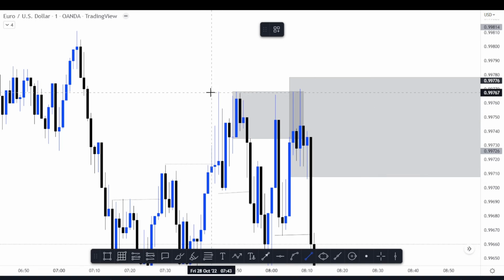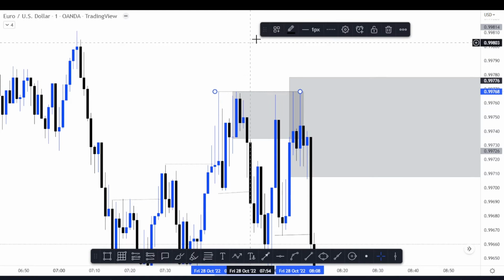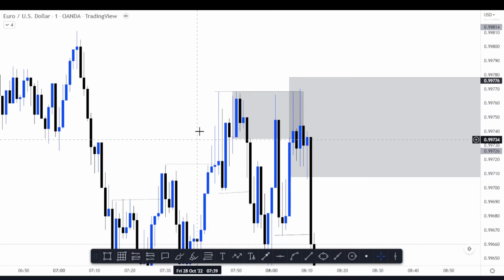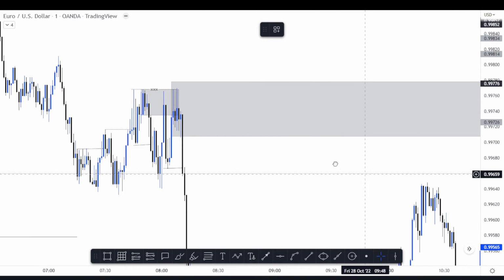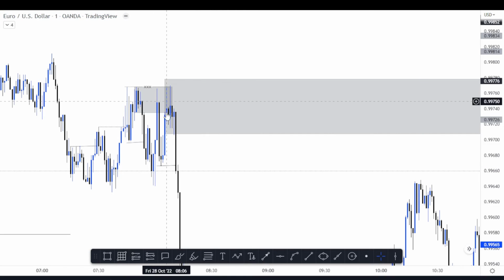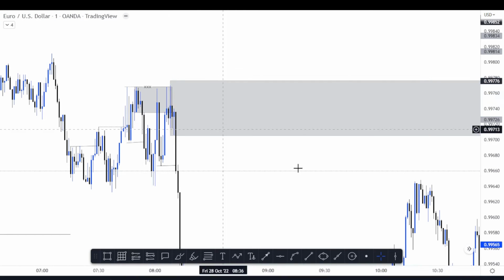So if I put in a horizontal line, you have it there as a liquidity sweep. So we can see that that's where price actually swept liquidity, right? So automatically that zone becomes a strong zone for us, right?